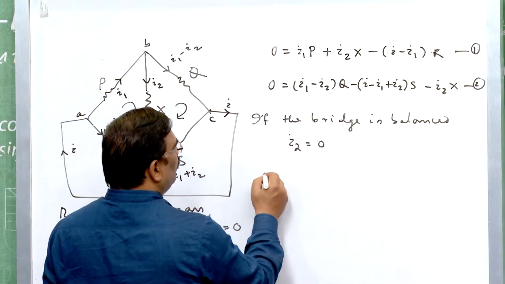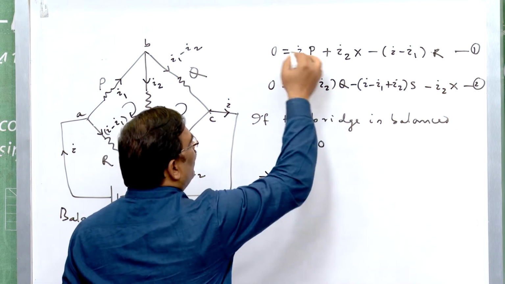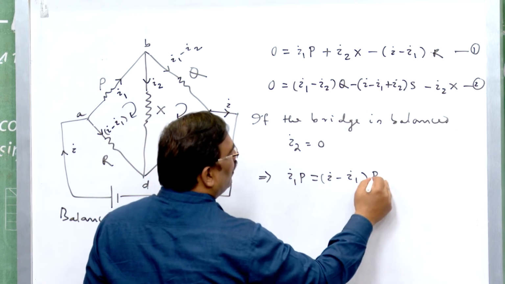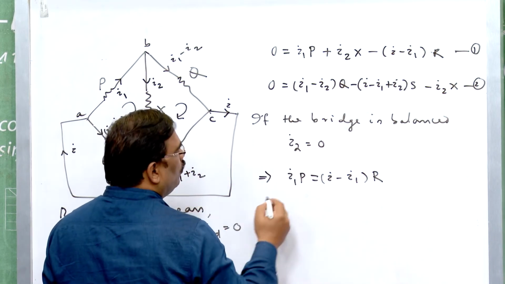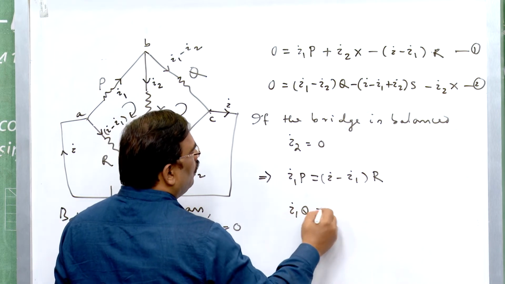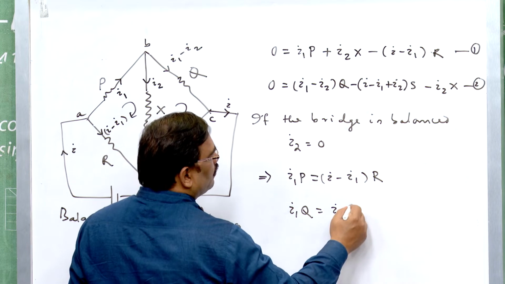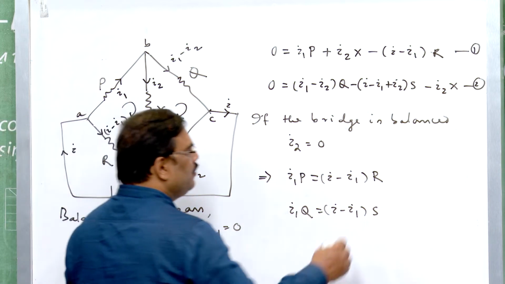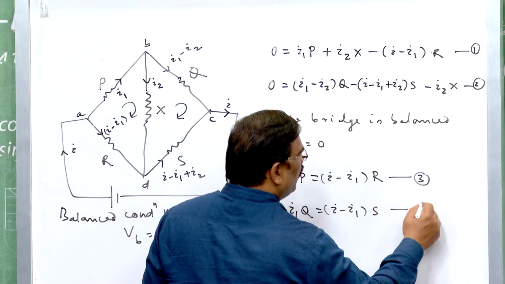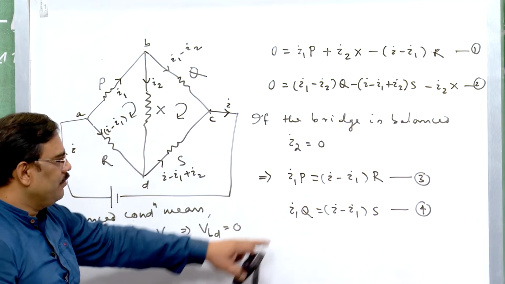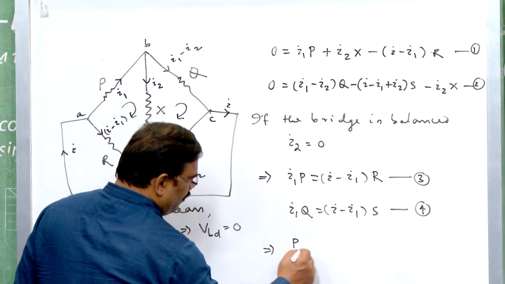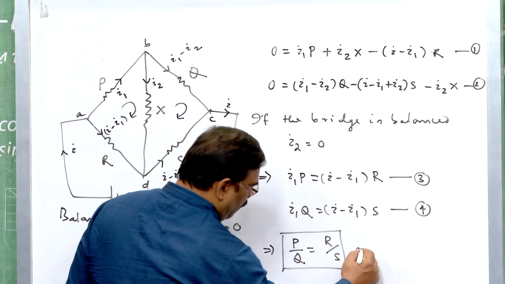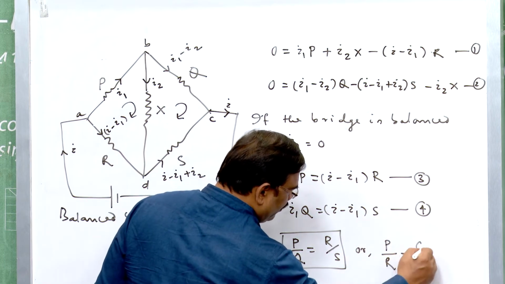So, I2 equal to 0 implies in equation 1 I get I1P is equal to (I minus I1) into R, and from equation 2 I get I1Q is equal to (I minus I1) into S, putting I2 equal to 0. So, this is my equation number 3 and equation number 4. Now, dividing equation 3 by 4, what I get is P by Q equal to R by S, or P by R equal to Q by S.